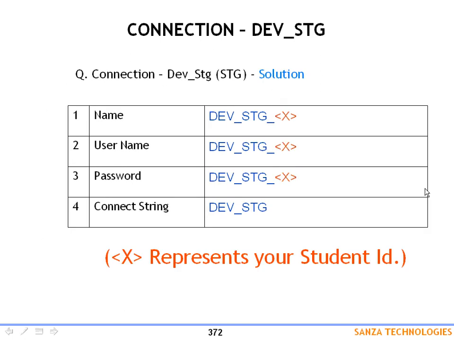Next, please create the staging connection and write this down. So source connection, DEV source, staging is STG.